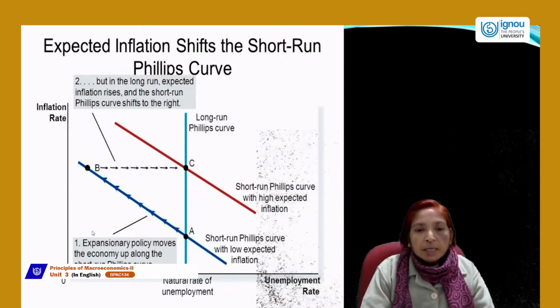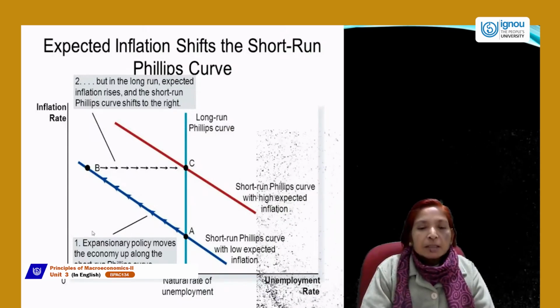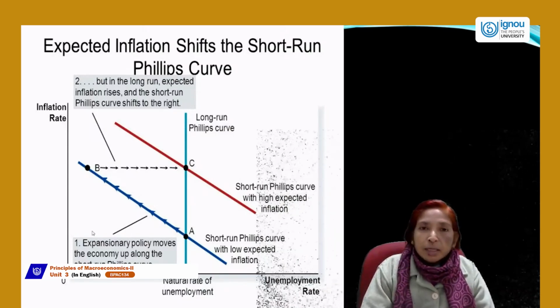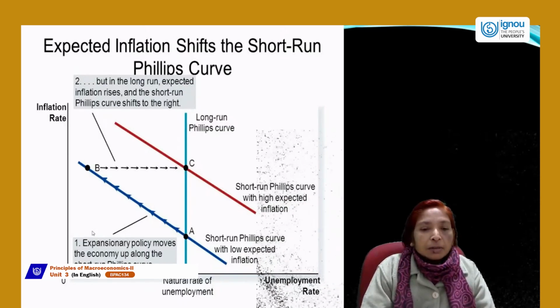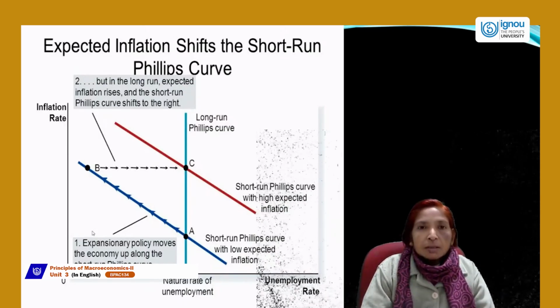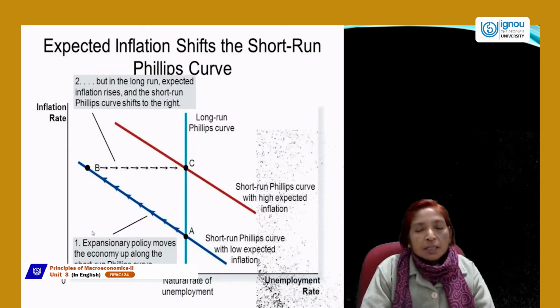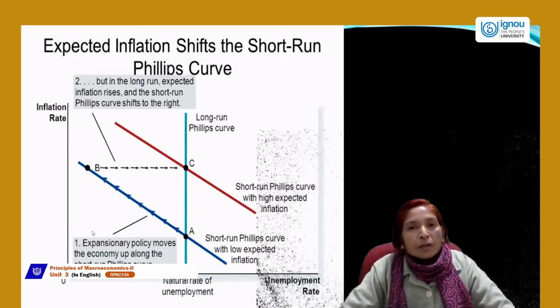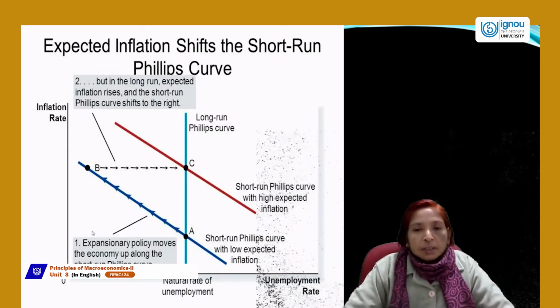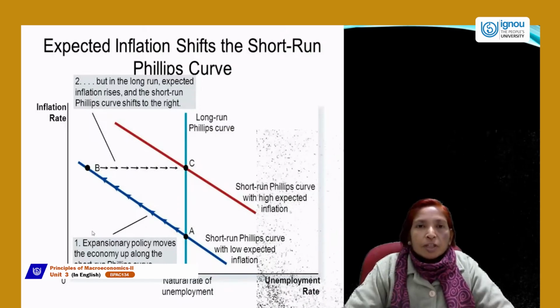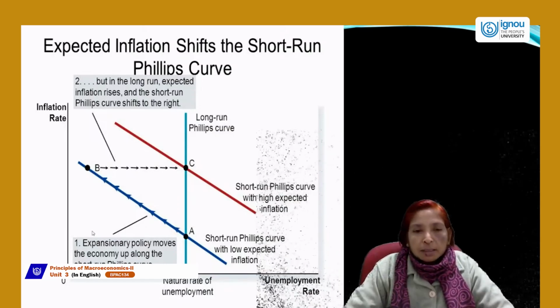Point A is the equilibrium point at low inflation, showing a low expectation of inflation. But if we expect that the inflation rate will increase in the future, then the short run Phillips curve will shift to the right hand side, parallel.